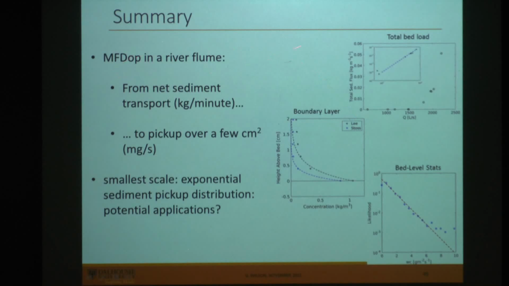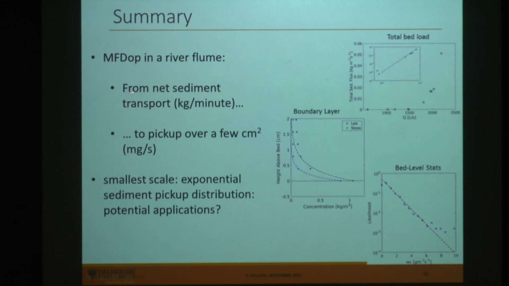In summary then, I think a nice thing about this experiment is that we were able to use the MF dot combined with some other instrumentation to look at all of the scales of sediment transport simultaneously. And I've only just started to look at how we can try and link those scales together with this data.